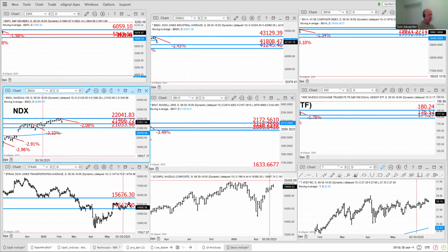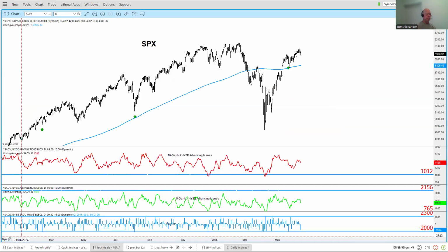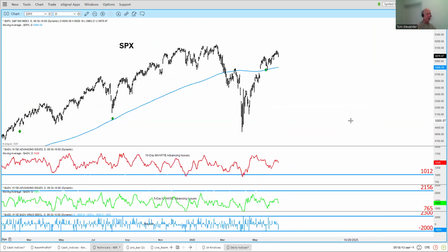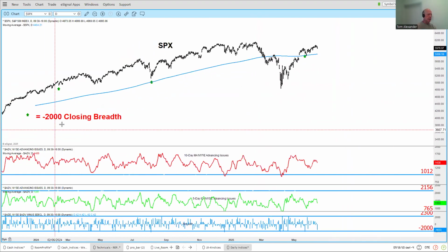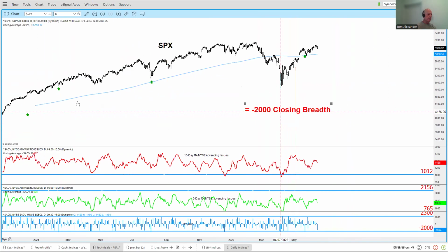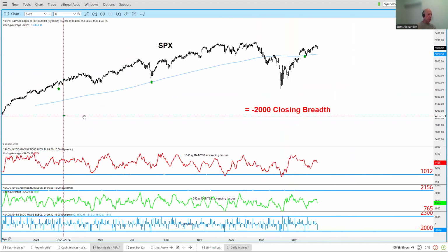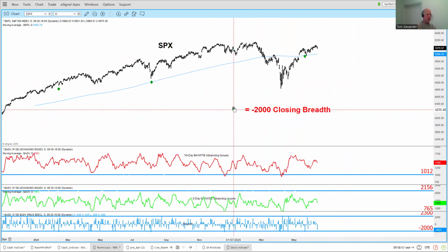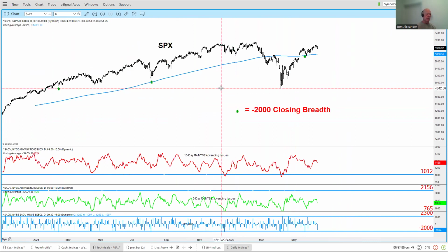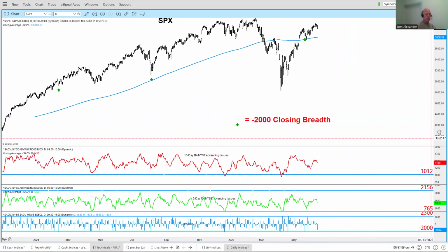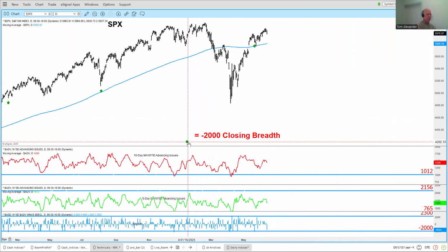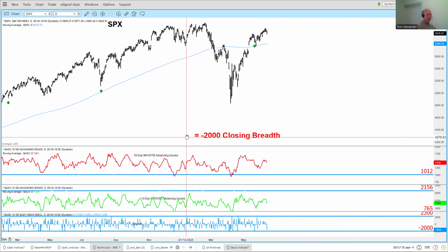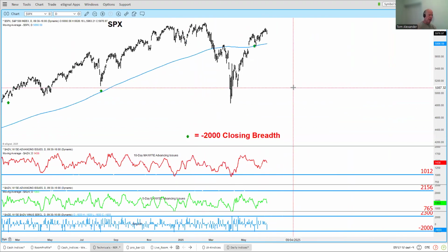Let's look at the internals here. Okay, we landed on breadth, and the green arrows here are negative 2,000 breadth readings that are rare in bull trends and are very common in bear trends. So if we are in a multi-month or multi-week bear trend, which we haven't had in a while, we're likely to see more negative 2,000 breadth readings than we've seen recently.